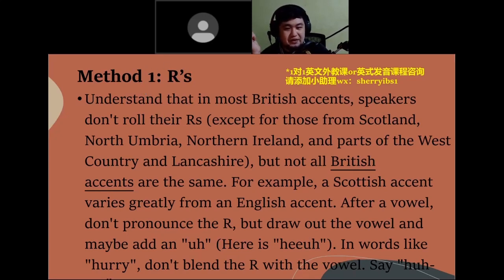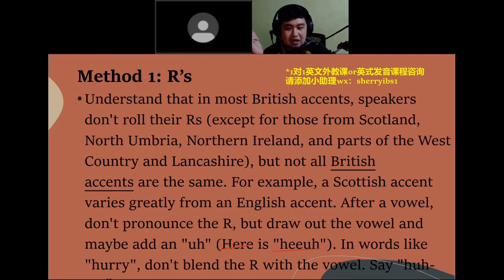Drop the R after the vowel, and maybe add an "uh." So, for example, here. You could say, "I'm here." If somebody asks you, "Where are you? I can't find you," the word here would be pronounced as "heah."